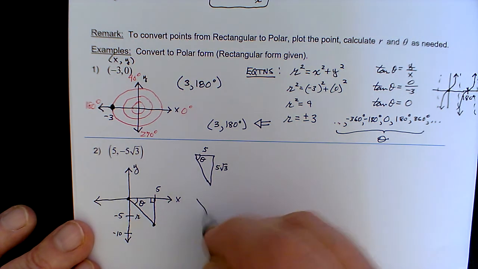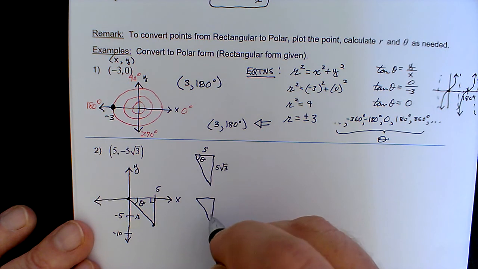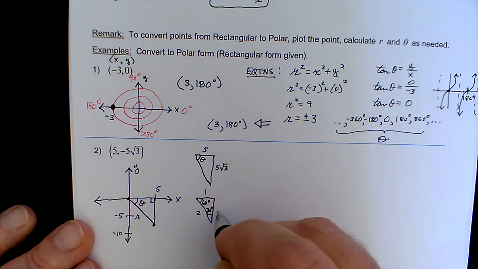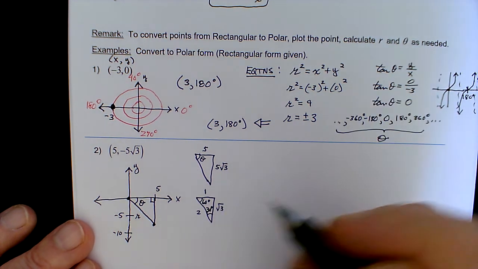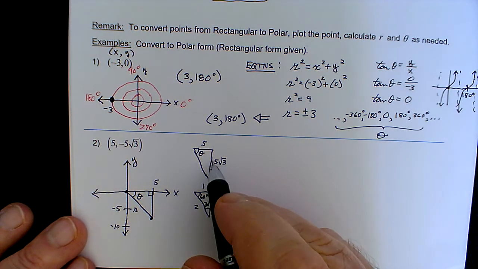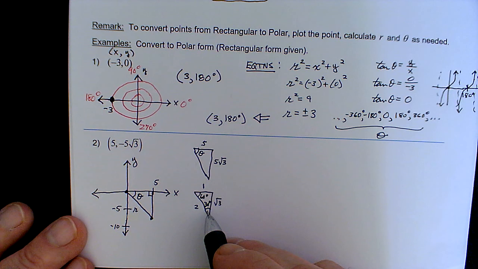And then if we compare that to our 30, 60, 90, here's 30, here's 60, 1, 2, and radical 3, you could see that our triangle is just simply 5 times the size of this triangle.